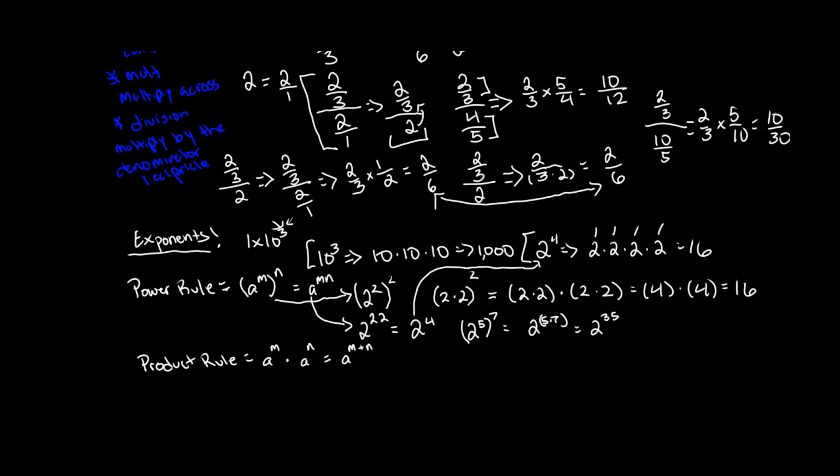Okay. So let's work out a long one first so we can see this in action. Let's do 2 to the 5. Okay? And let's say that 2 to the 5, that's going to be 2 times 2, 5 times, right?